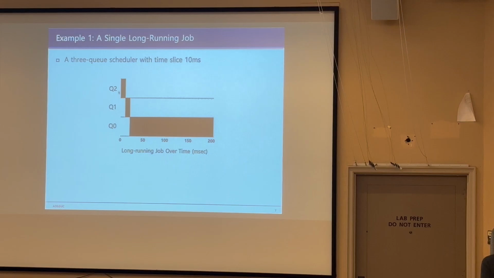So after the time slice is used up on Q2, its priority is decremented and it is moved to Q1. Because there are no other processes running in the system, it still gets the CPU and runs until the time slice is used up, and then its priority is decremented again, and it takes the CPU to continue running until the end. This is the simple case.